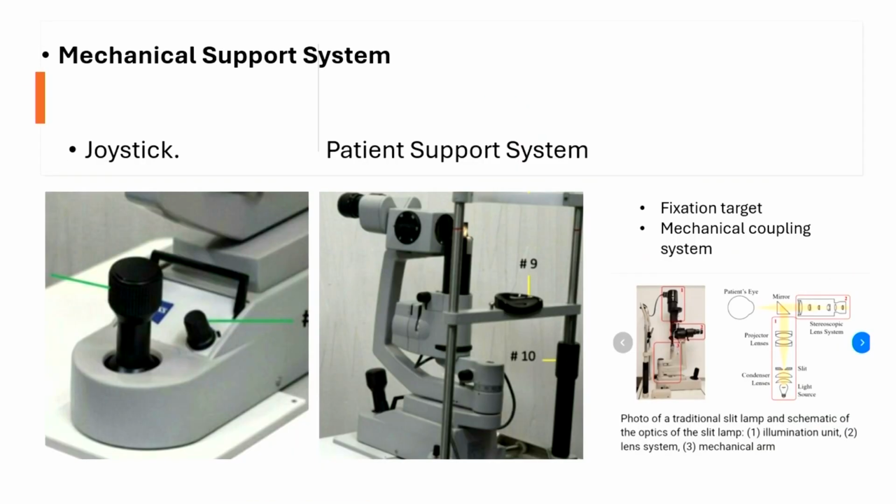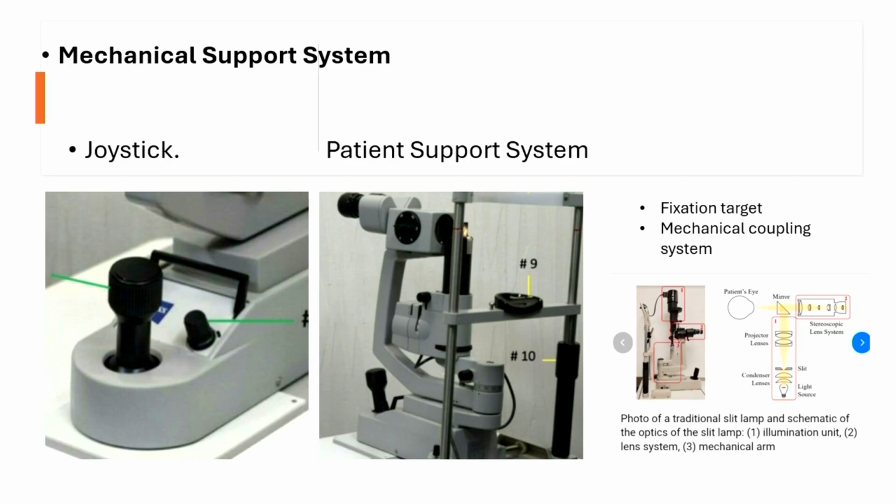The mechanical support system consists of the joystick for to and fro movement of the slit lamp. Then the patient support system, which consists of a headrest, chin rest, and the lateral canthus indicator. The fixation target in the slit lamp helps the examiner in certain difficult scenarios.